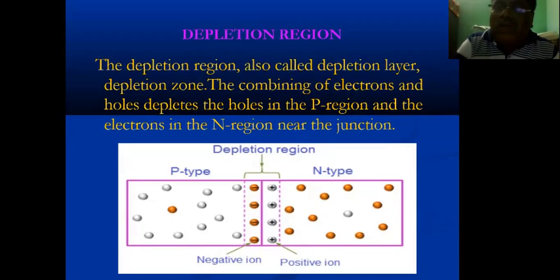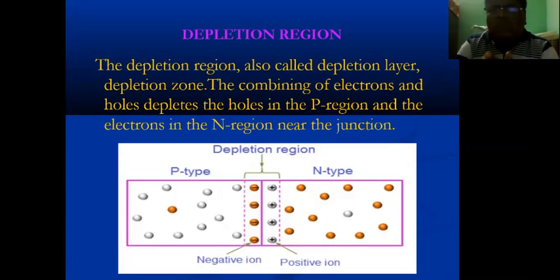Somebody calls it the depletion region, somebody calls it the depletion layer, or depletion zone. Here, zone means area. Region is also area, and layer is also an area.